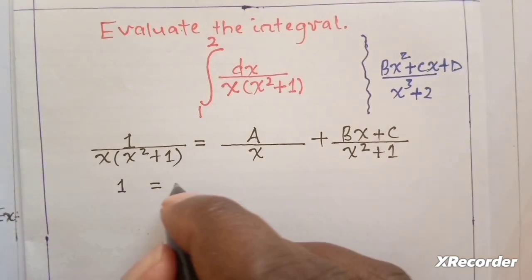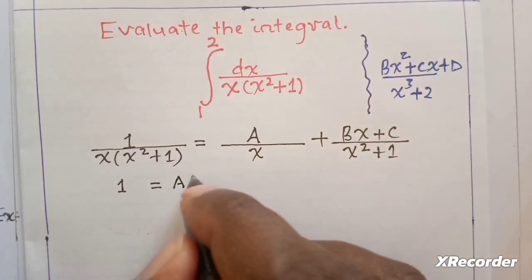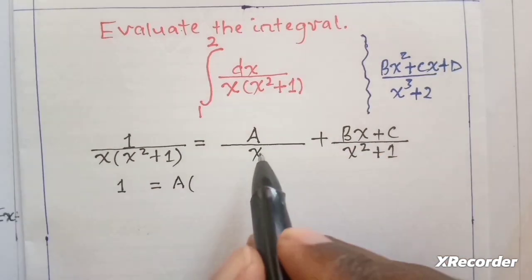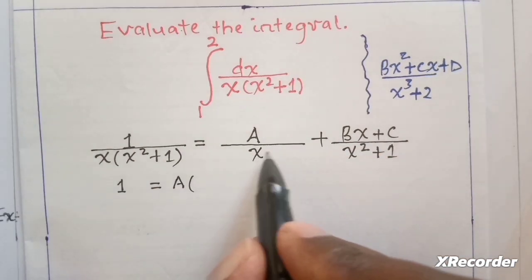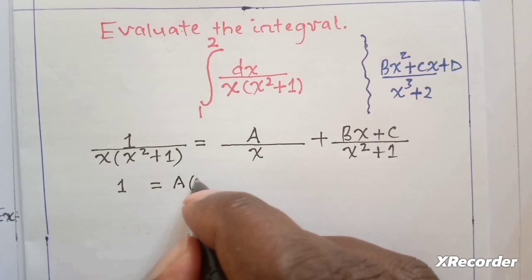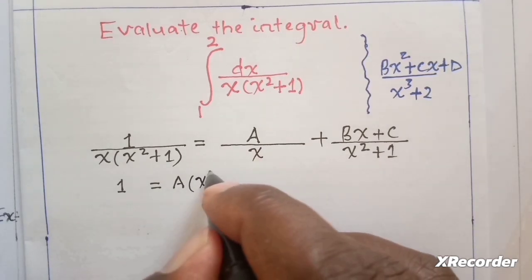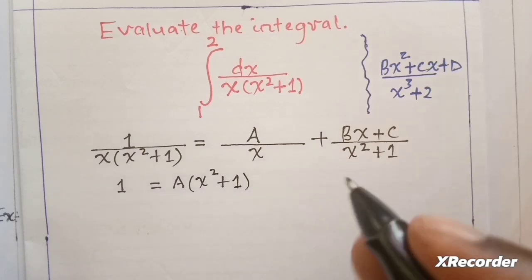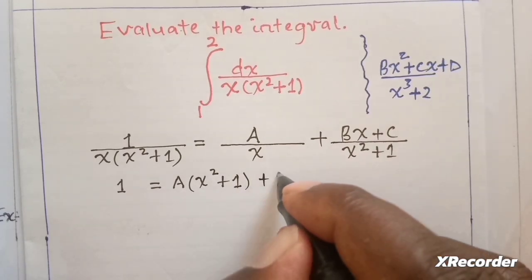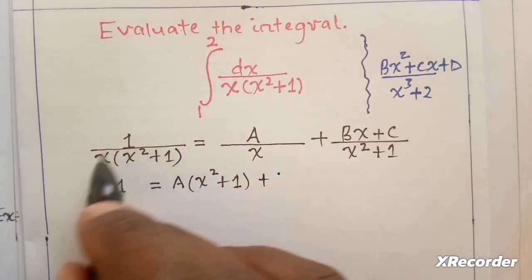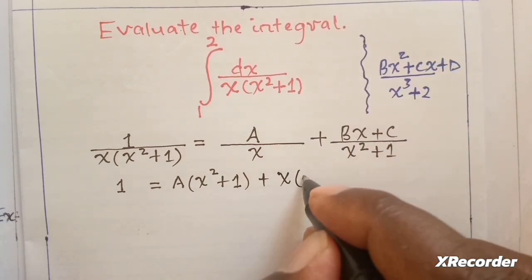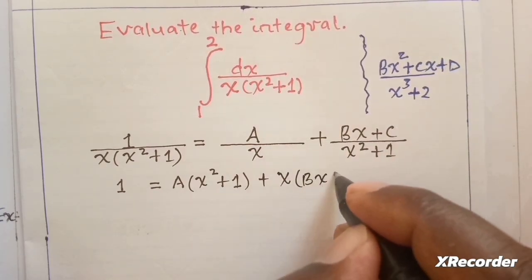That one is going to be a, just like the normal way we do when we are evaluating fractions, times x squared plus 1, then plus b. This divided by that, it will be x, so bx plus c, like that.